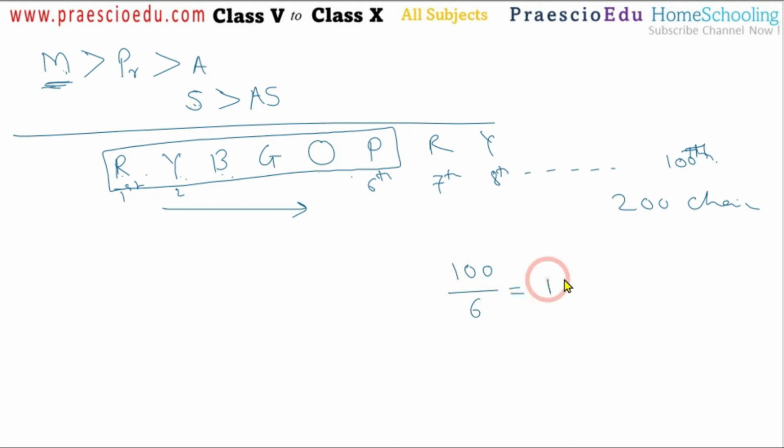It comes to 16, and the remainder is 4, because 16 times 6 is 96. So with a remainder of 4, after this the 97th is red, the 98th yellow, the 99th blue, and green is the 100th. So the green will be the 100th. So green means option number 3 is correct.